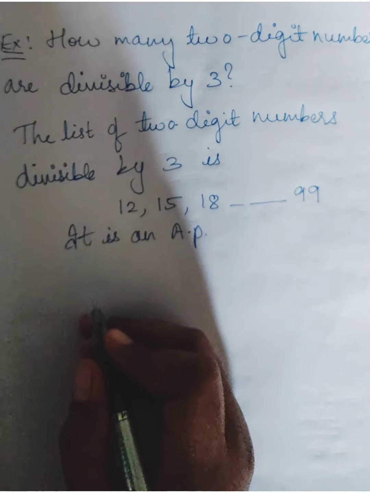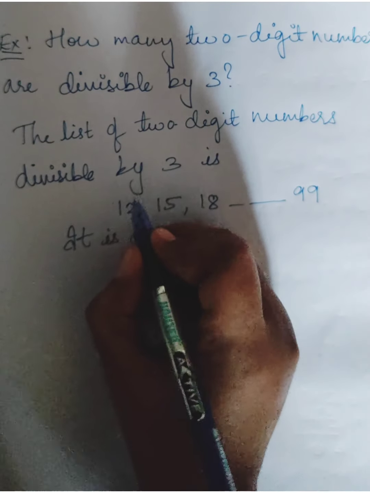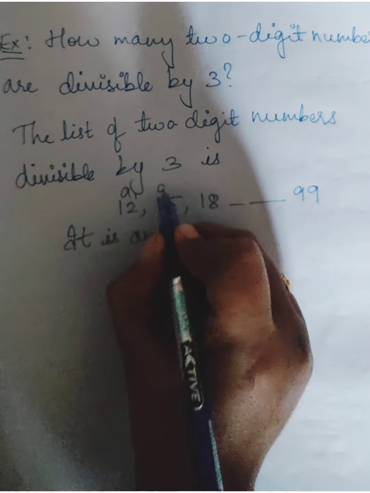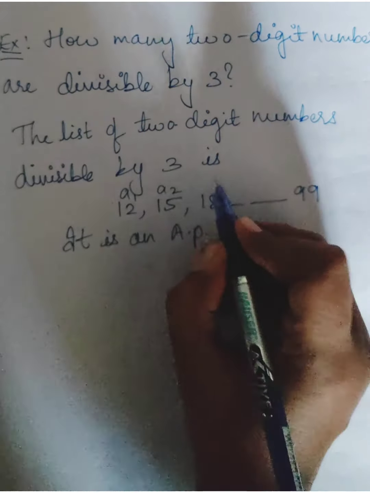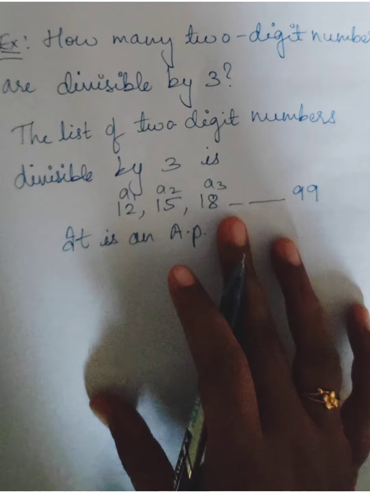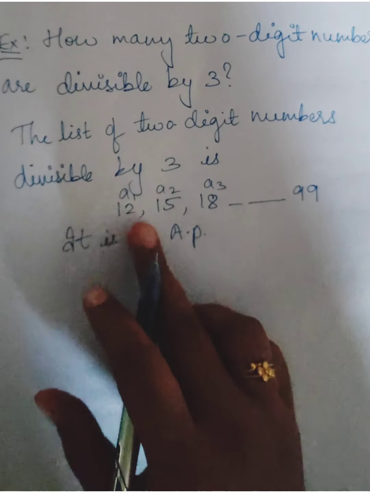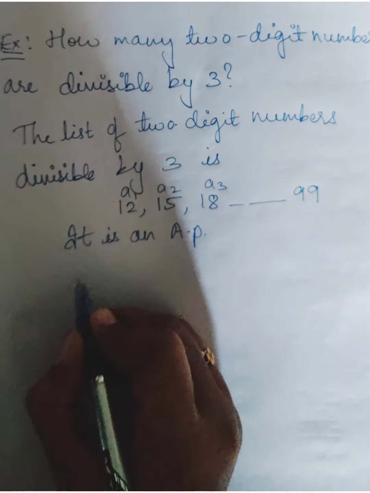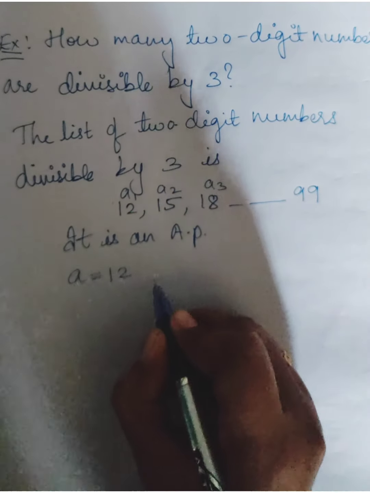Next we need to find the terms now. What are the terms? I am going to take A1, A2, A3, denoting it as in the previous examples. A1 is the first term, that is a. So a is equals to 12.